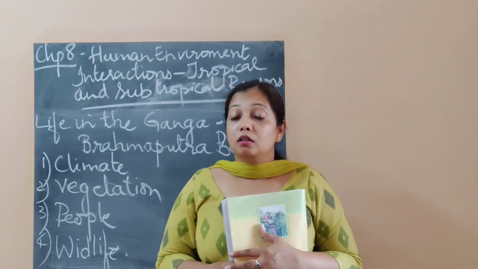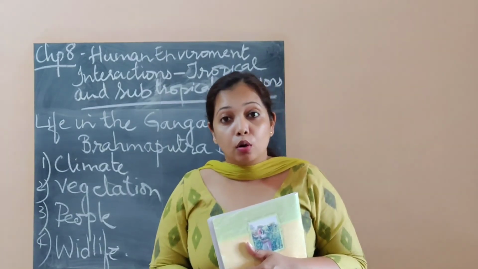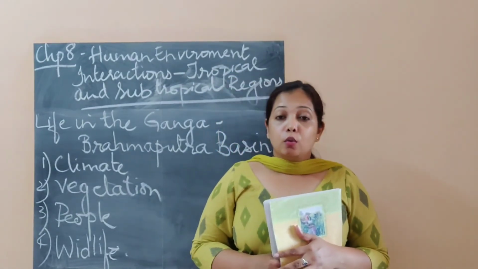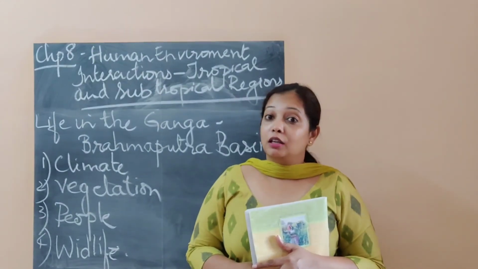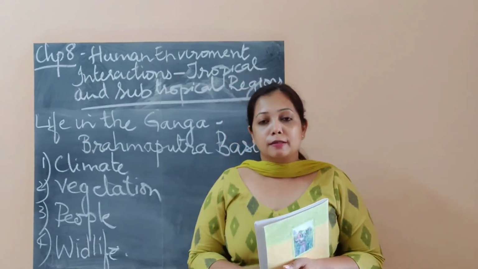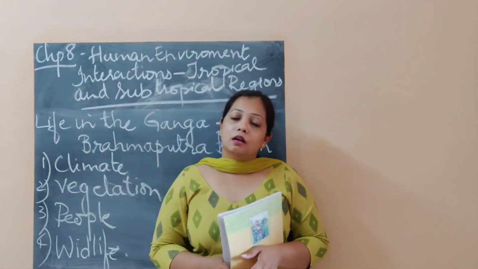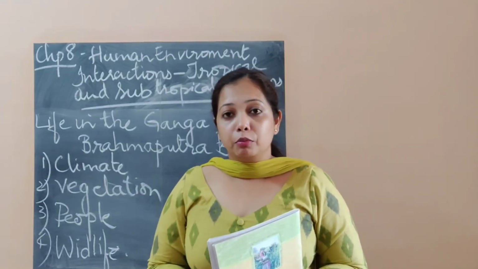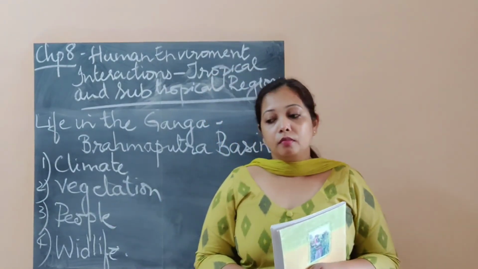You have the Sundarbans in West Bengal. Then you have so many other different wildlife sanctuaries. Then we have Jim Corbett. Jim Corbett is also very famous for tigers. All these are the famous things that you will find in the Ganga and the Brahmaputra Delta.